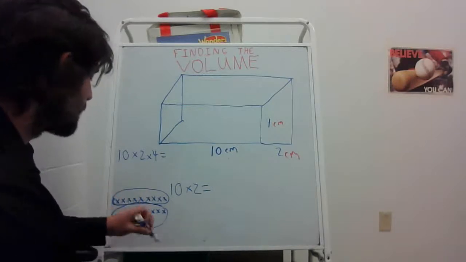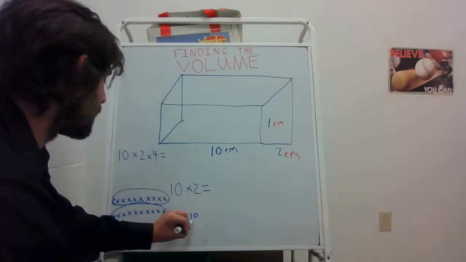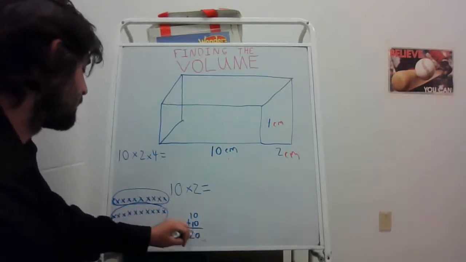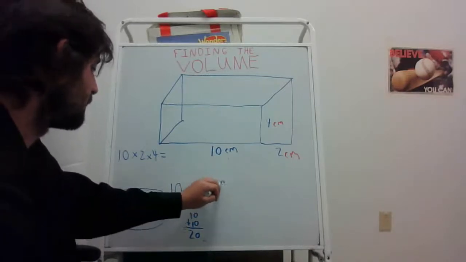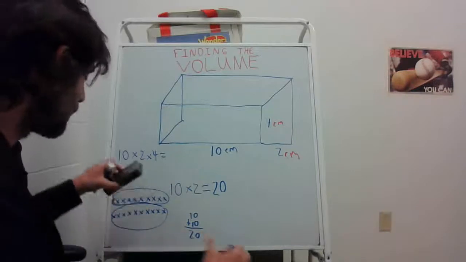Whether you add your x's or whether you just add 10 plus 10, because 10 times 2 just means that you're adding the number 10 twice, we know that the answer is 20. 10 times 2 equals 20. All right, so that's our first step, figuring out 10 times 2.